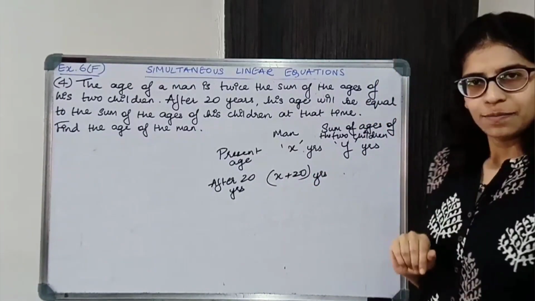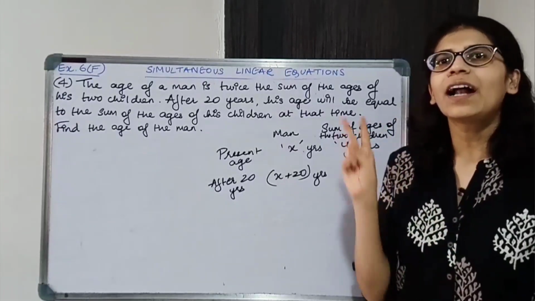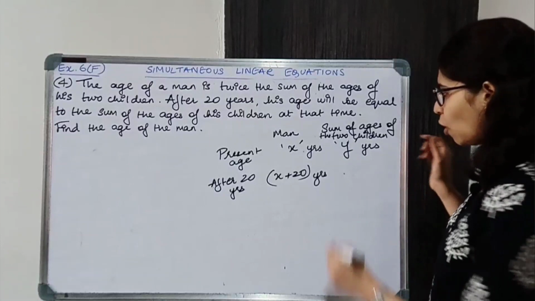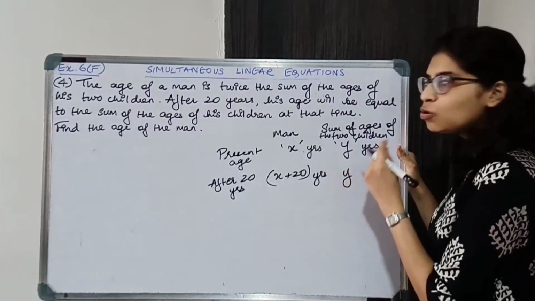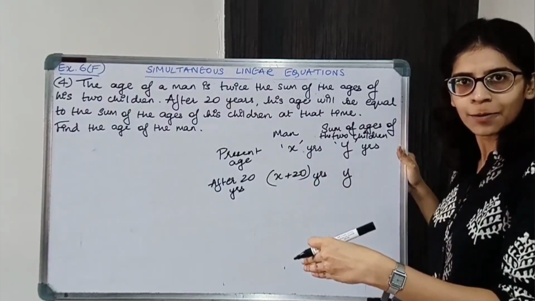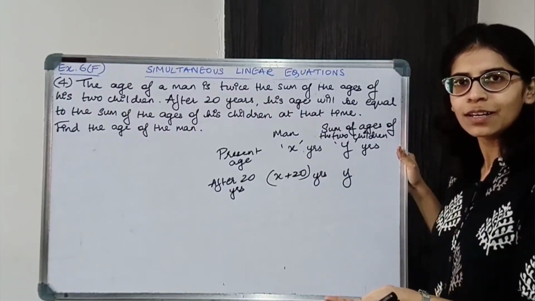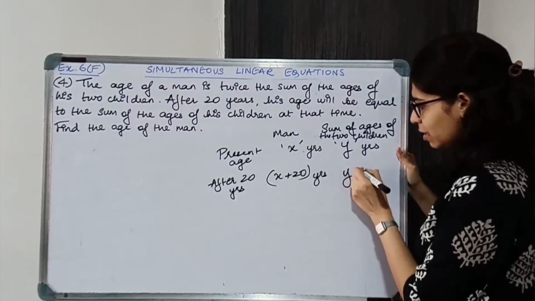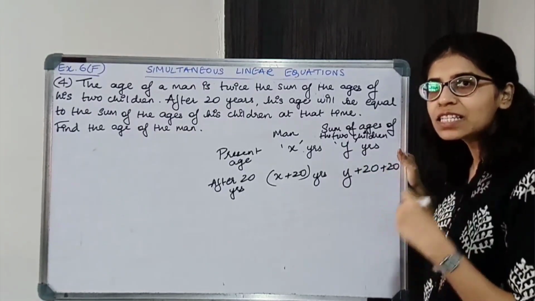What about this? There are two children, so you will add 20 twice, because whatever the present age is, both children's ages will increase by 20 years. Not only one child's age will increase, both ages will increase. So it will be y plus 20 plus 20, that is y plus 40.